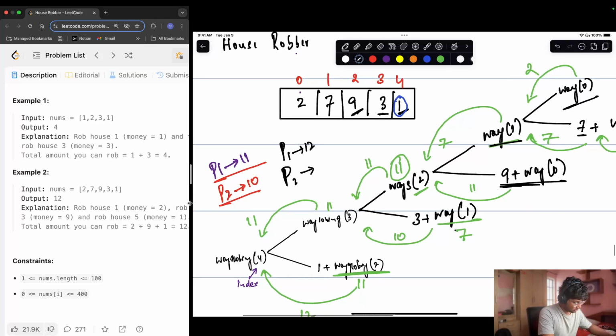Not 11 actually. Possibility 2 should be 10.